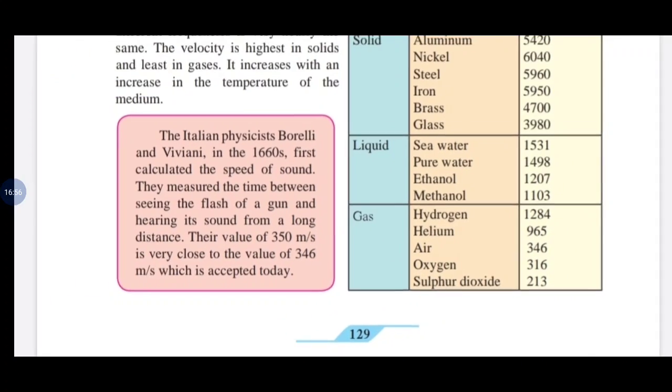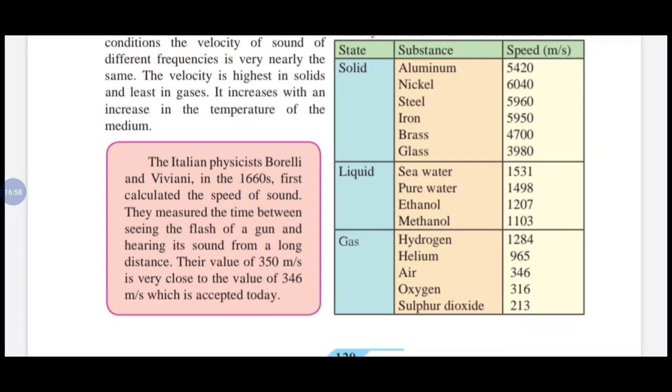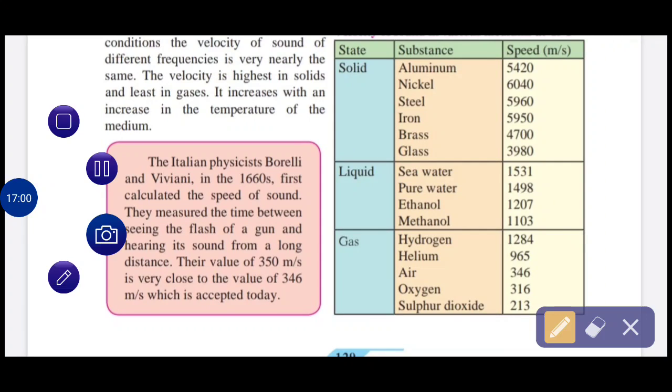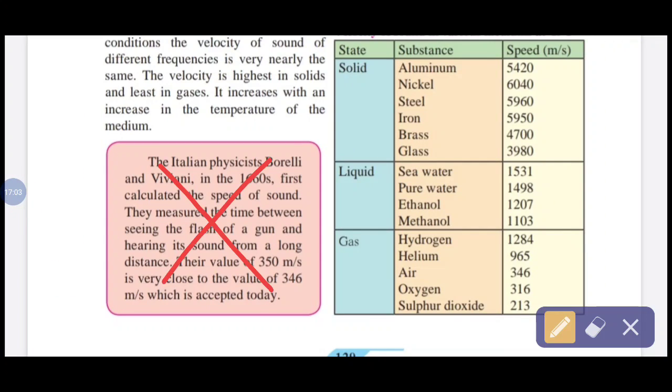So observe this box. This box is omitted, but if you are interested, then read that. Some lines are given here, but that is the omitted part. For improving your knowledge, you read this box if you are interested. Now check the values. In case of solid, velocity of sound is a maximum in aluminium and minimum in glass. Remember these two.